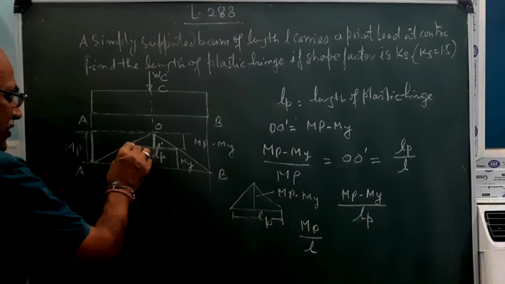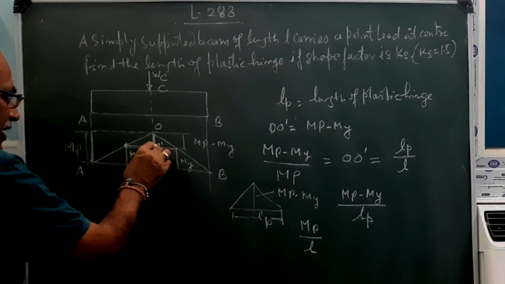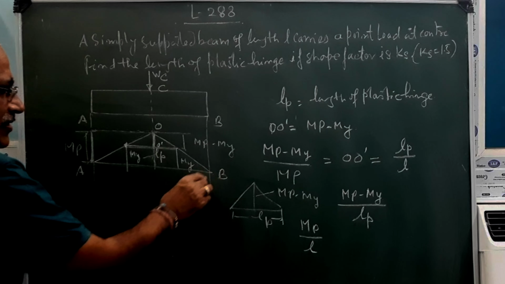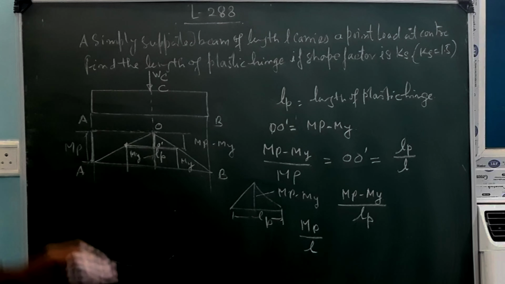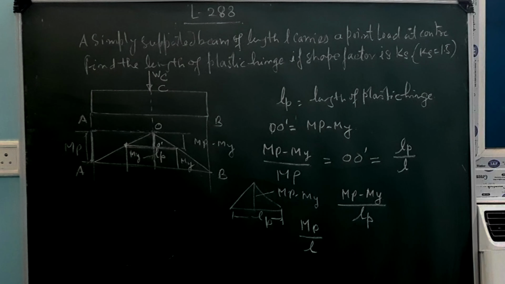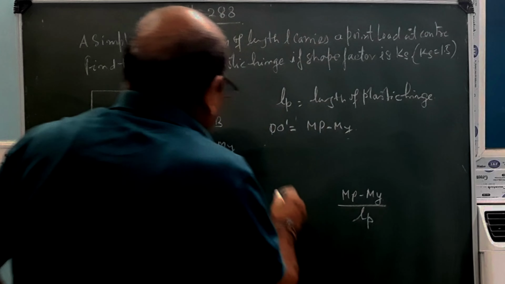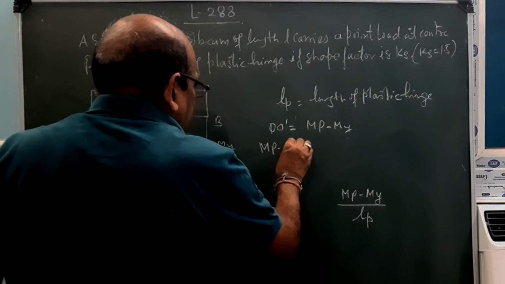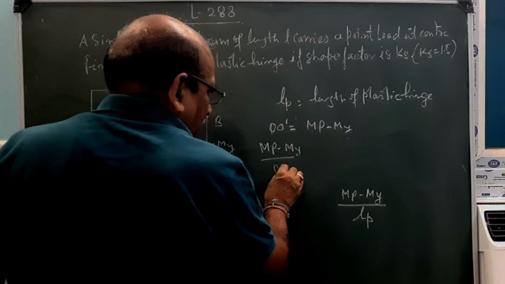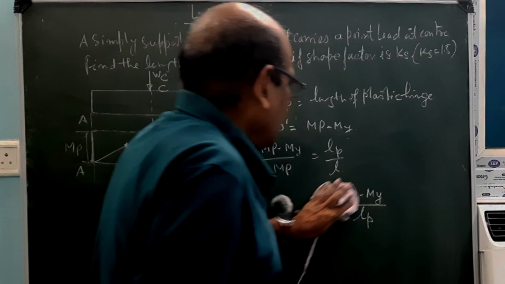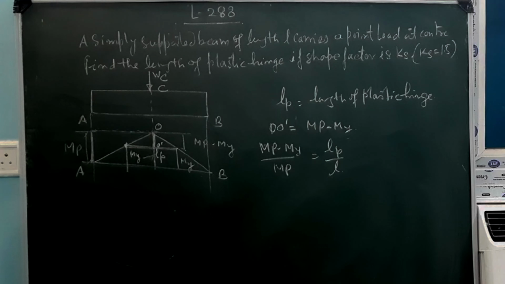The ratio of this ordinate to this length equals the whole ordinate to the whole length, because this is a symmetrical triangle. So we have the relation MP minus MY divided by MP equals LP upon L.